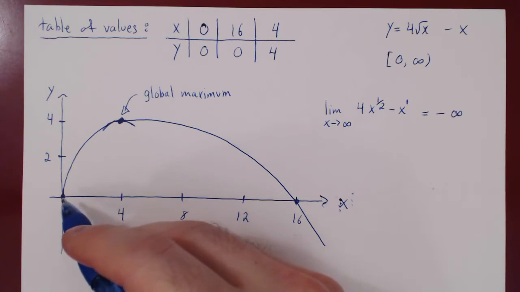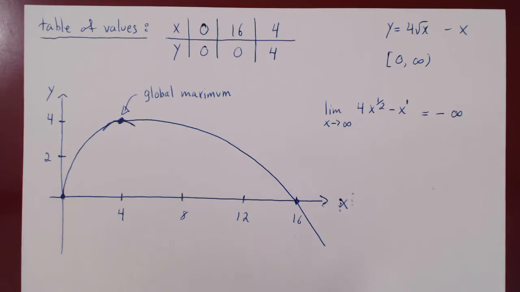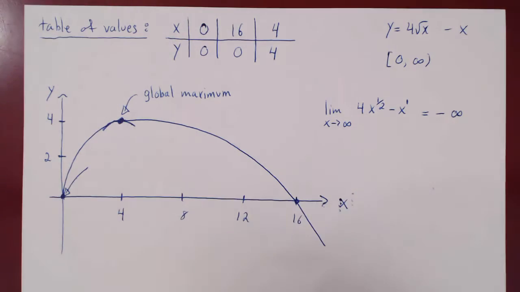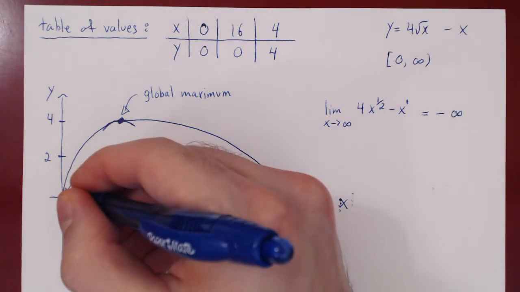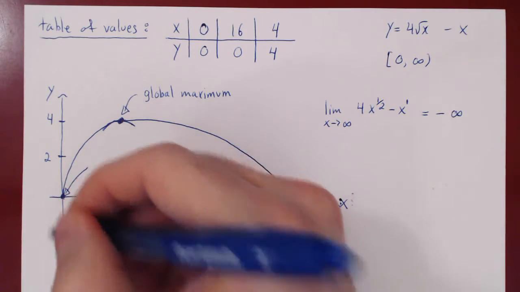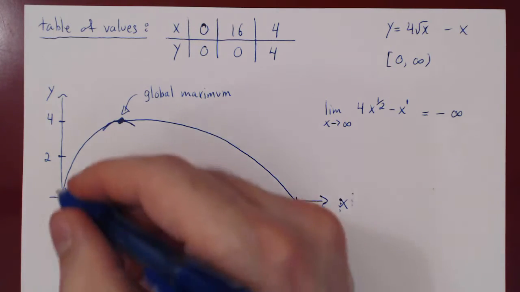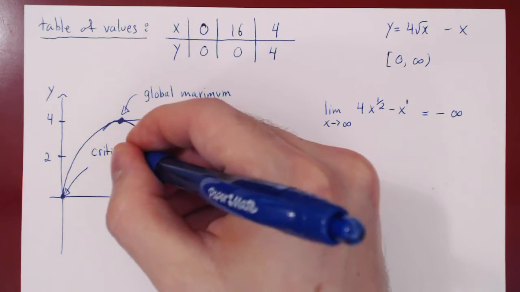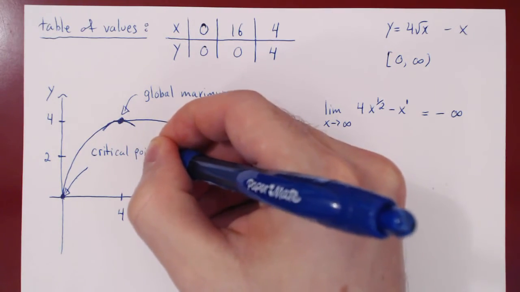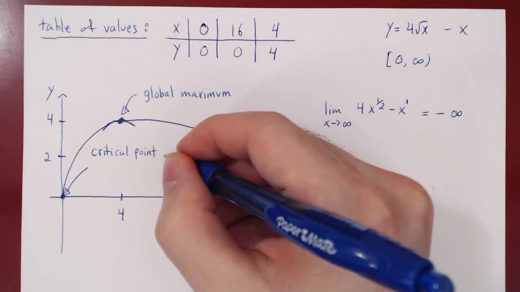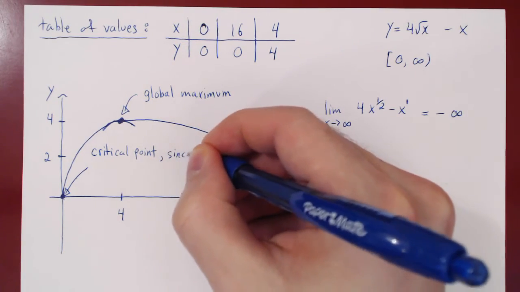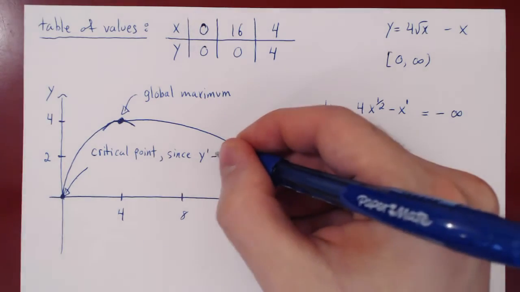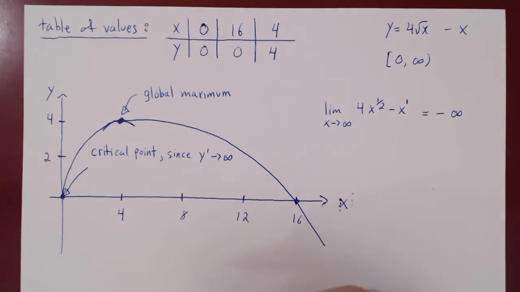And the point here, x equals 0, y equals 0, was a critical point. What was special about this point is that at this point, the curve is essentially vertical because the derivative blew up. So this is a critical point, since the derivative at this point approaches positive infinity.